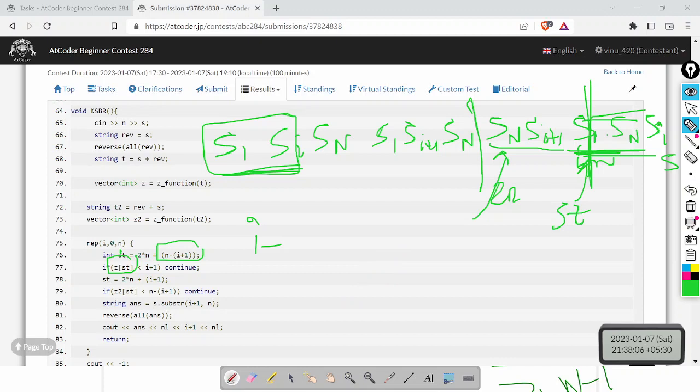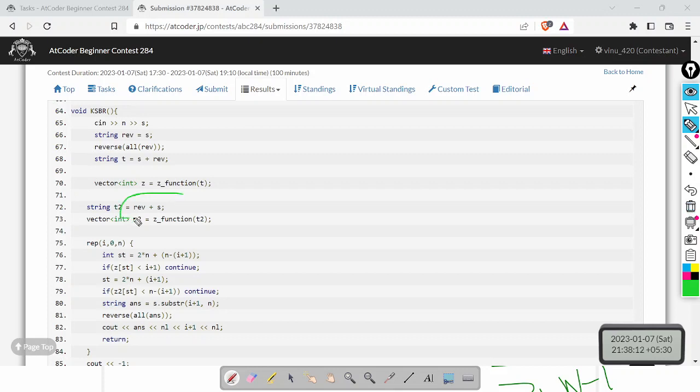Okay, next the second comparison. How will we do the second comparison? For this we build the string in this way, reverse plus s. So the reverse string will be like sn to si, then s1 to sn, reverse plus s, sn to s1 in reverse order, and then si to s1.